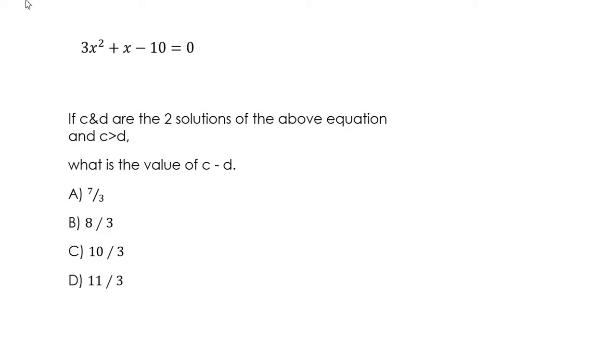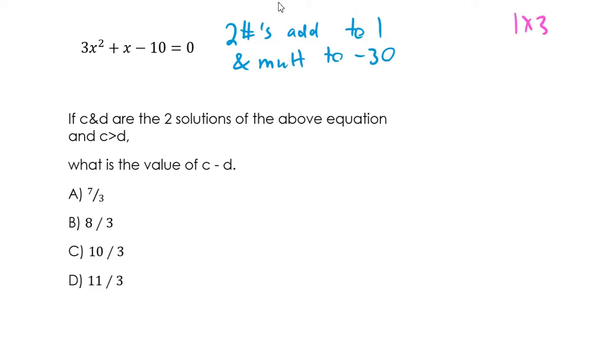So let's go ahead and start our process. We need two numbers. They need to add to B, which is 1, and they need to multiply to AC, which is 3 times negative 10, negative 30. And so we'll start by getting the factors of 30. 1 times 30, 2 times 15, 3 times 10, 5 times 6.